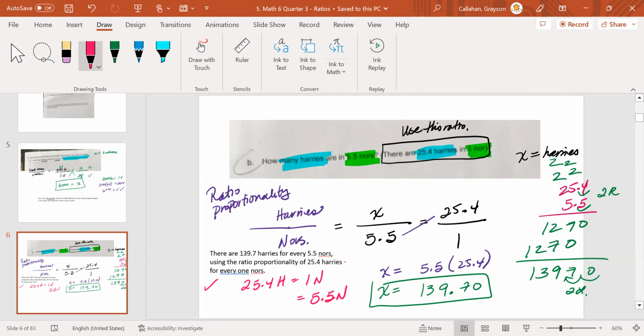Well, 1 Nor equals 25.4 Harrys, then 5.5 will be 25.4 times 5.5. Is that what we did? Yes, it is. So you want to check that to make sure it makes sense. All right. Next question. Question C. Go ahead.